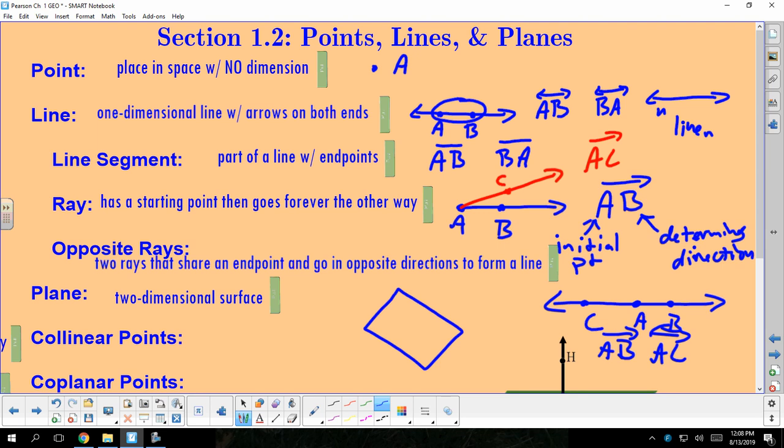The key is those three letters have to be non-collinear. Three points are non-collinear, meaning they're not all in the same line. So if we have A, B, C, three points on the plane that are not collinear, you can define a plane. So you can just use the three letters. Whenever you see those three letters, you know that we're talking about a plane.